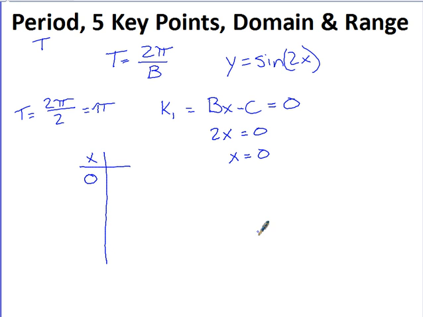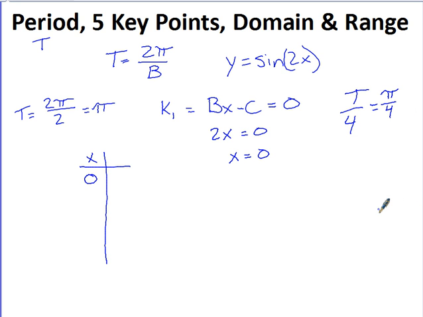To get the rest of them, I'm going to take the period and divide it by 4, because I want 4 more key points, and I want them to be spaced out evenly over one cycle. So I'm going to take T, which we already found was equal to pi, and put it over 4.